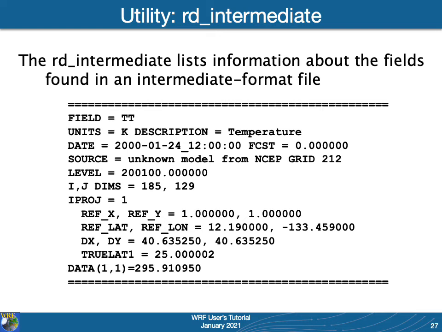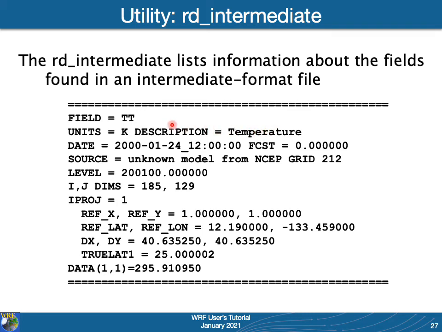The next utility is one called RD Intermediate. The RD here stands for read. So this is a utility program that simply reads an intermediate file and prints to the terminal screen a summary of all of the fields found in that file. So for example, we can see that the intermediate file here contained a field named TT, which was in kelvins, and it happens to be temperature.